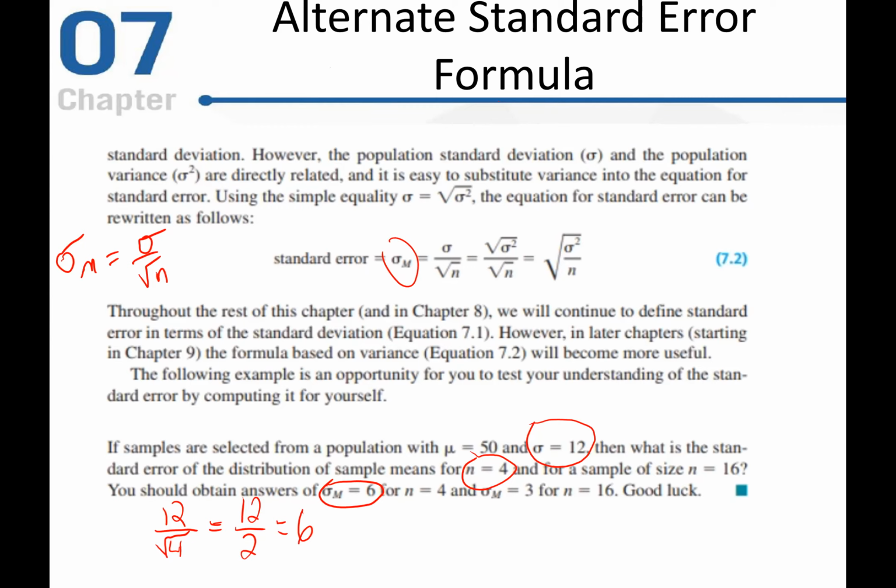So let's see. In this one, the standard deviation for the population is still 12, and the sample size is 16. So we're going to take the square root of that sample size, and that's going to give us 12 over 4, which equals 3. And so 3 is smaller than 6. So yes, as sample size increases, the standard error is going to get smaller.